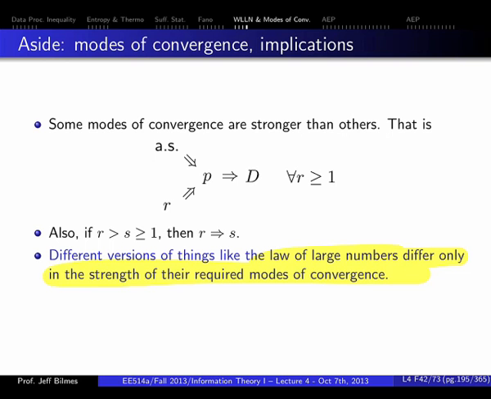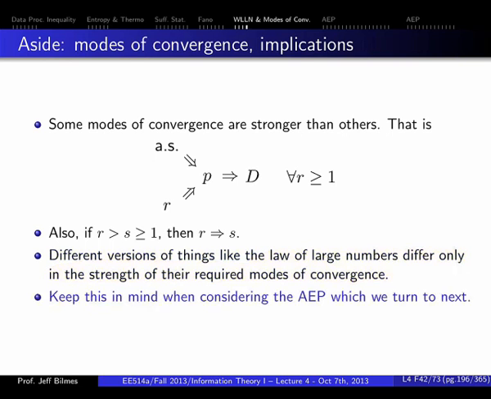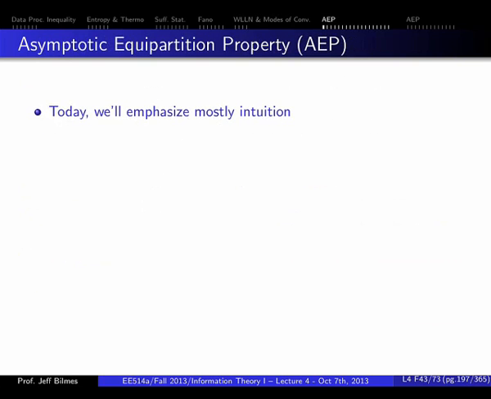What I want to do is begin a little bit of chapter 3 today, which is the asymptotic equipartition property. First of all, it's a mouthful. You have to learn how to say it. Asymptotic equipartition property. Can everybody say that? It basically means that eventually everything becomes equal in a certain sense.